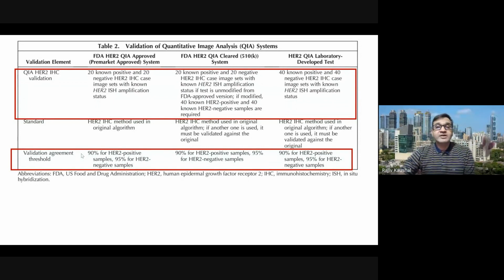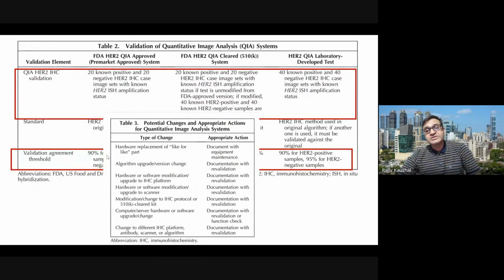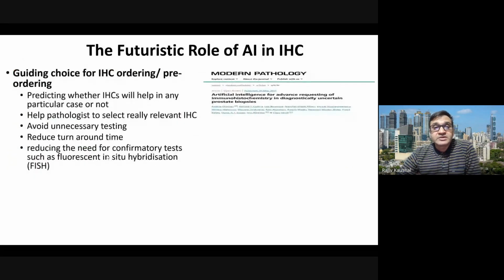But if the algorithm is not CE-IVD approved, then you have to increase your number of cases to 40, and there has to be 90% concordance for the positive samples and 95% concordance for the negative samples. And if there is any change in the protocol, right from your staining or even scanning protocol, then revalidation of the algorithm is recommended.